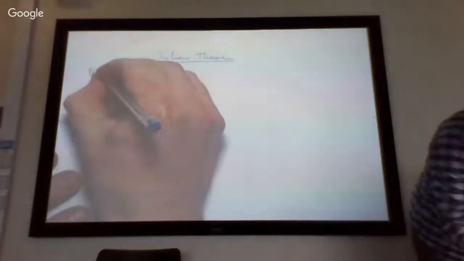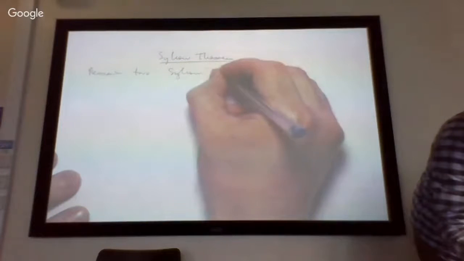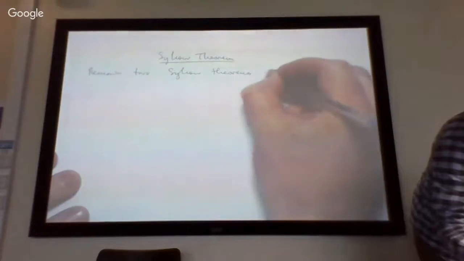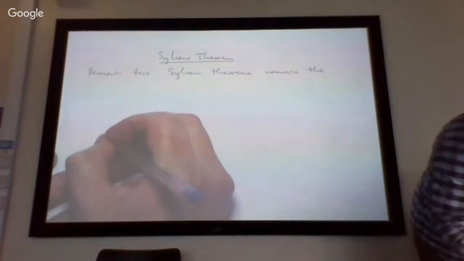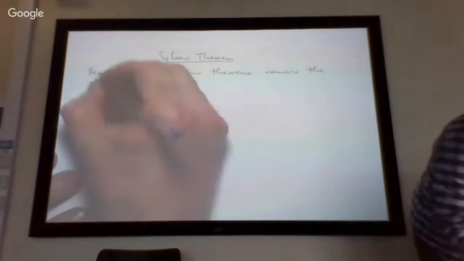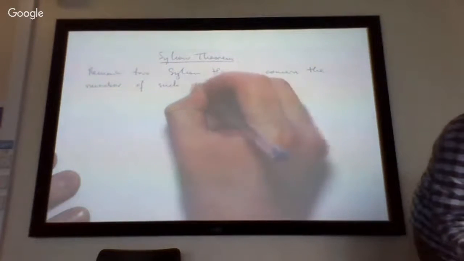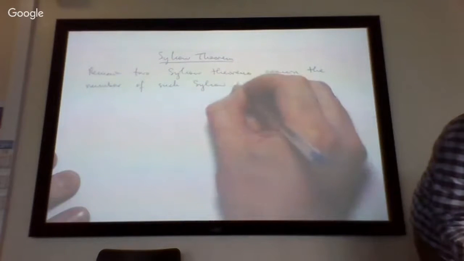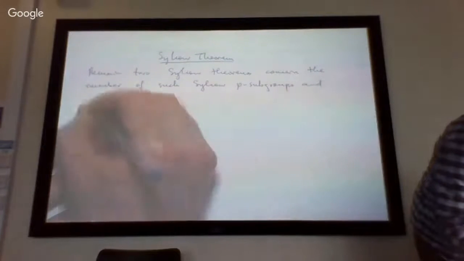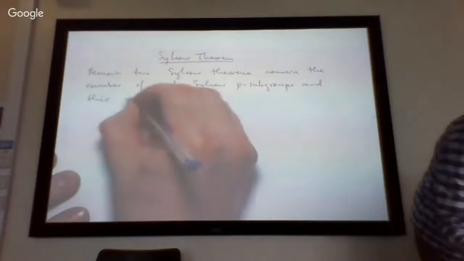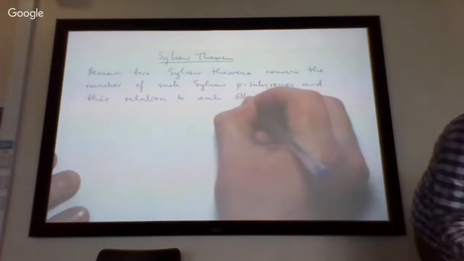The remaining two Sylow theorems concern the number of such Sylow P subgroups, the number of them that there are, and their relation to each other.